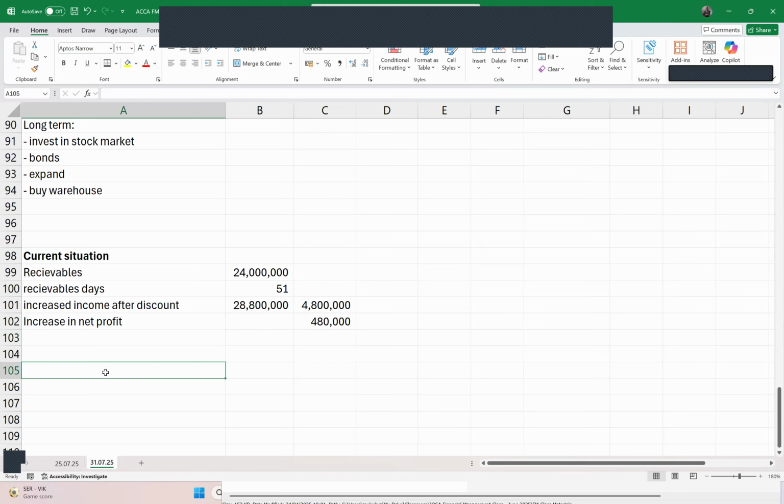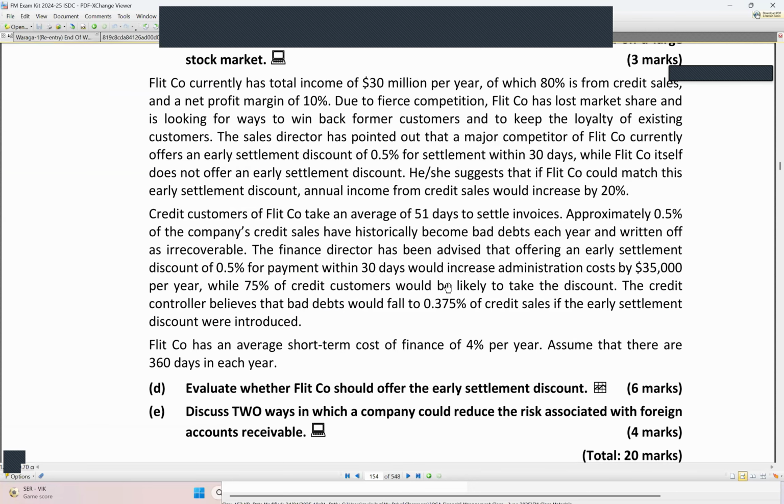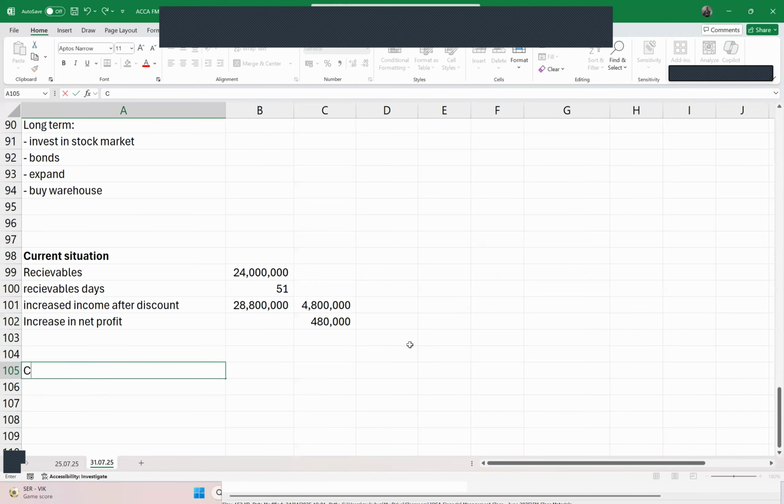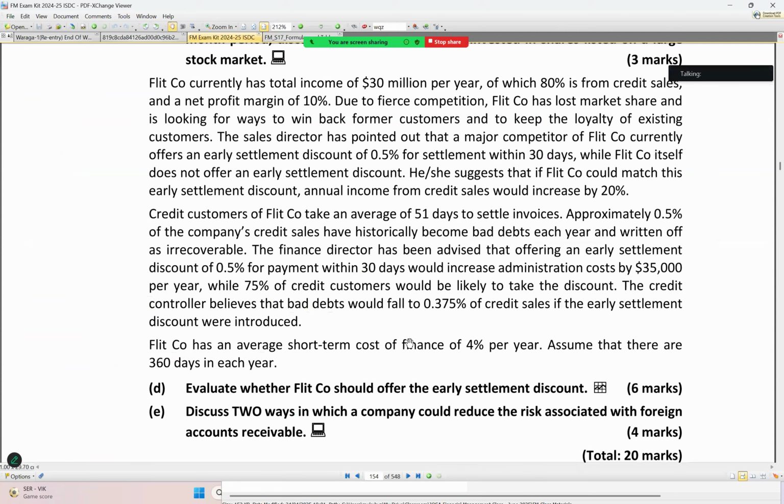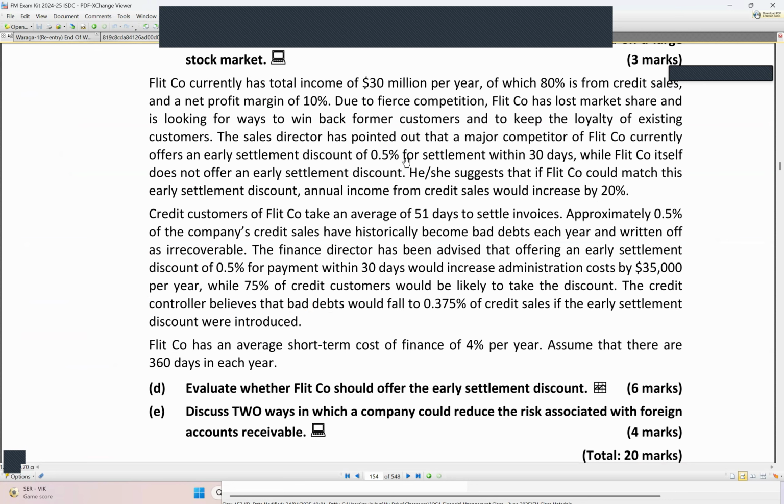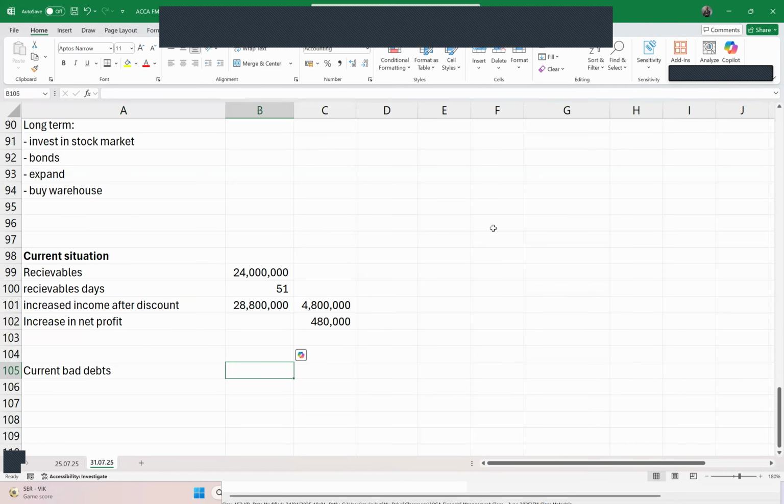But also, the bad debts will reduce. So the current bad debts, historically, the bad debts have been 0.5% of the receivables, which is 24 million. That's 120,000.